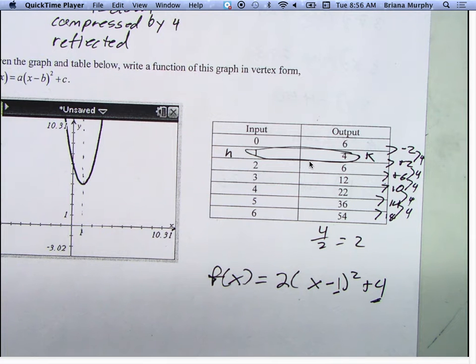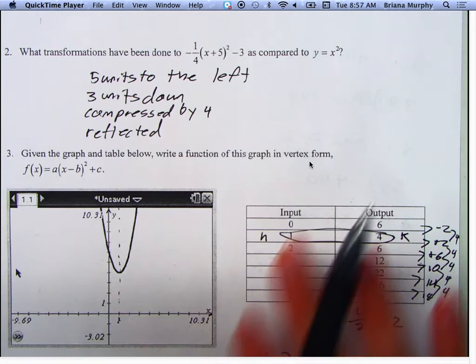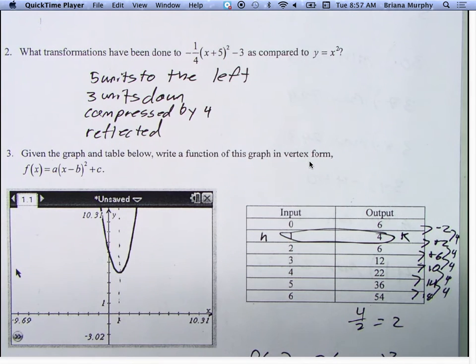Okay. Any questions about this front page? Please say it out loud. Please raise your hands. Yes, Leanne. How can you put it compressed by 4 if it's 1/4? Okay. If we compress by 4, that is the same thing as 1/4, because compressed means pushed down, and so I know it has to be that.